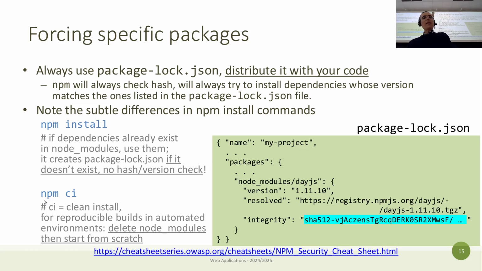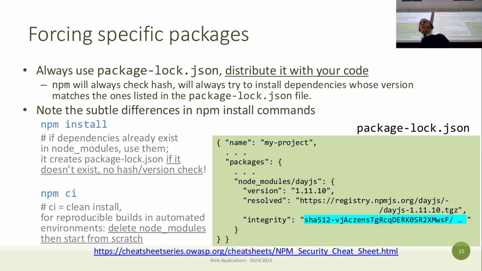It's better to use this npm ci, that stands for clean install, because it starts from scratch, it downloads everything, and it checks the hash, but it also installs the exact same version of the package that is specified in the package-lock.json. It means that npm ci, without the package-lock.json, will not work. While the npm install simply needs a list of dependencies, and it downloads what it finds in the repository.